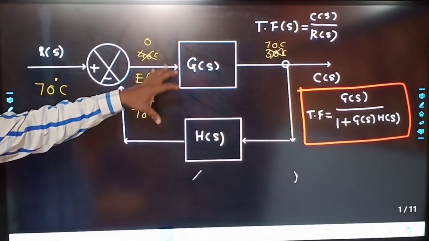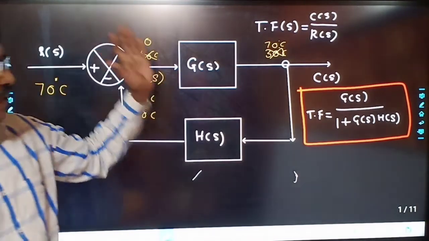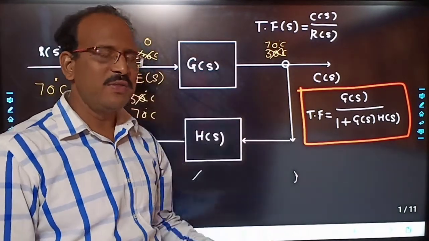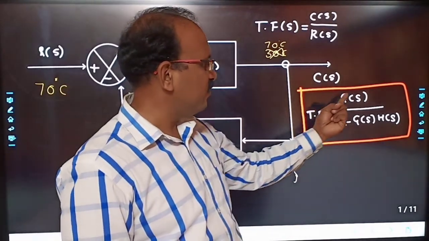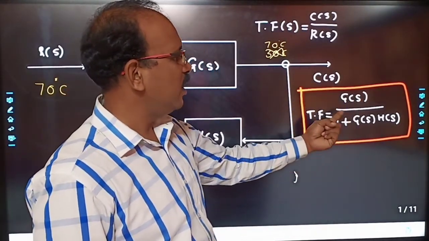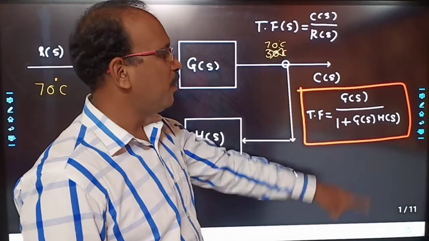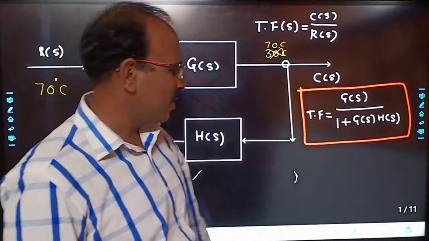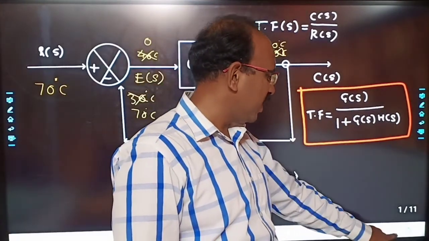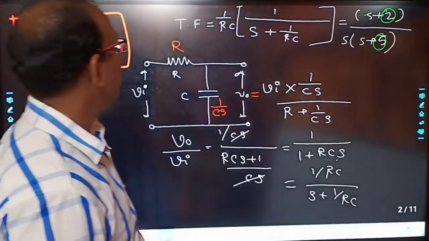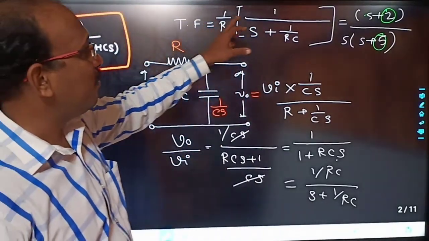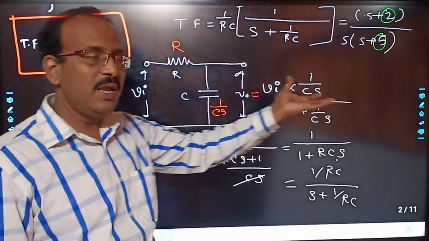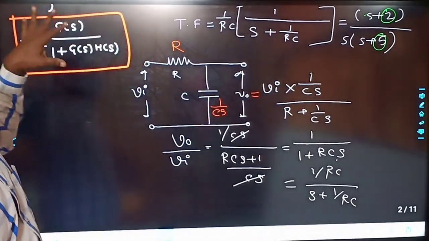And what is the transfer function, from the derivation we can get, that is covered in the second and third lecture. The transfer function is always presented as 1 g of s upon 1 plus g of s h of s. Now if we consider this as a transfer function, then this transfer function can be presented for any system, like suppose that is a geyser system, so we present that.